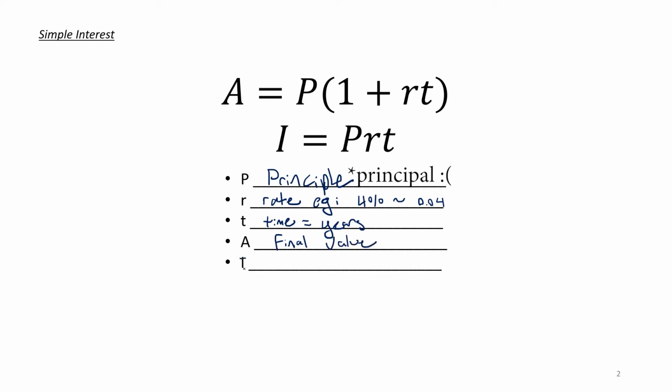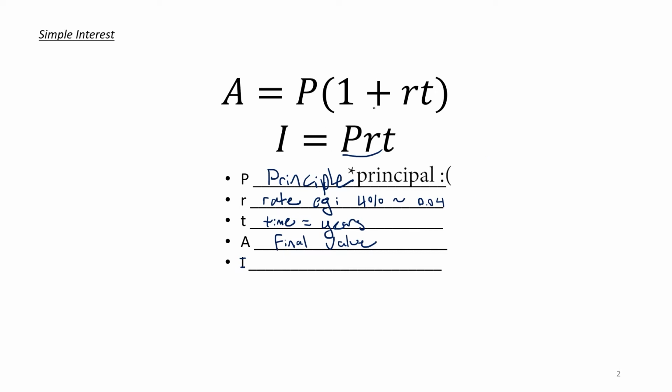I, which I should probably always write as that so you don't get it confused with 1. This is an even simpler version of the equation. So if you use this equation, instead of giving you the final value, so say you put $50 in, your final value might be something like 75. I, in this shorter equation, gives you just how much interest you make.